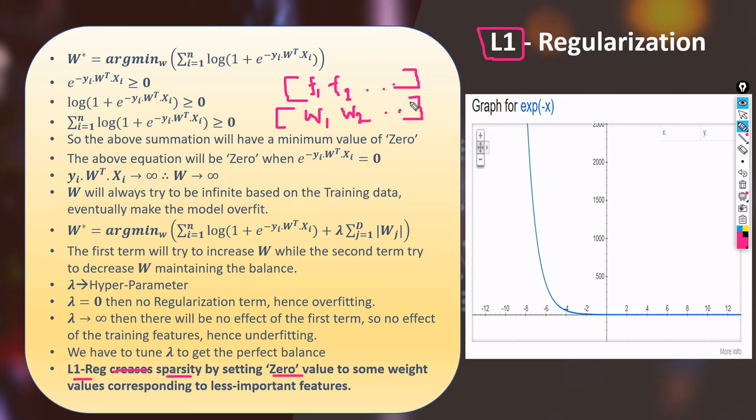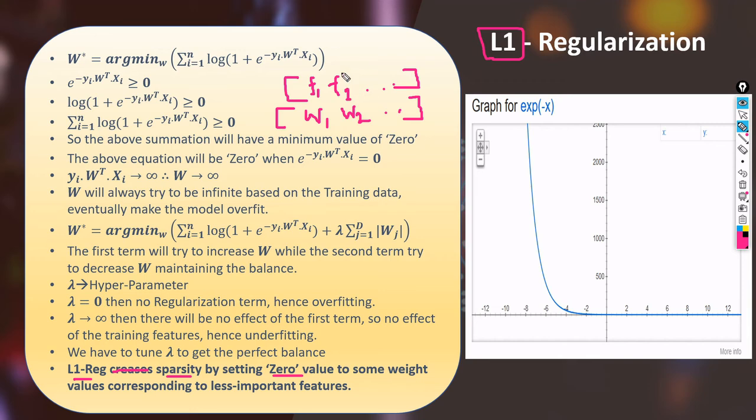If you think logically, all the features in a data set are not important. Some of the features are more important, some are less important. Now this L1 regularization is actually setting zero value for those weights whose corresponding features are less important.